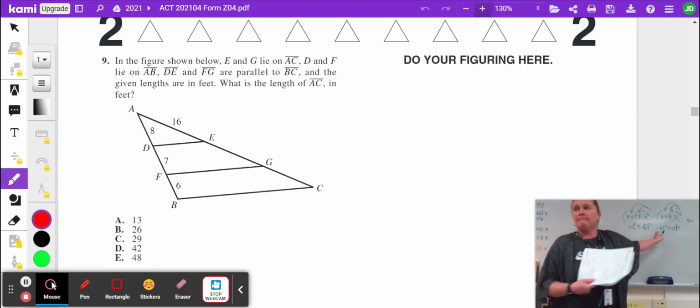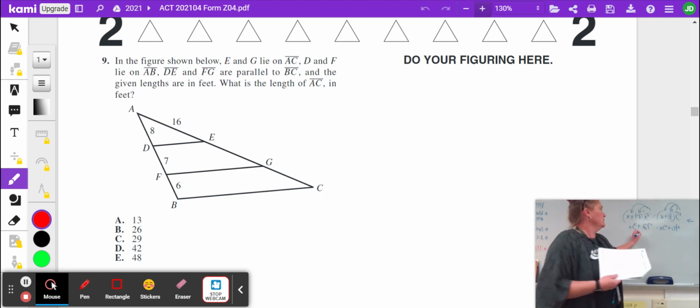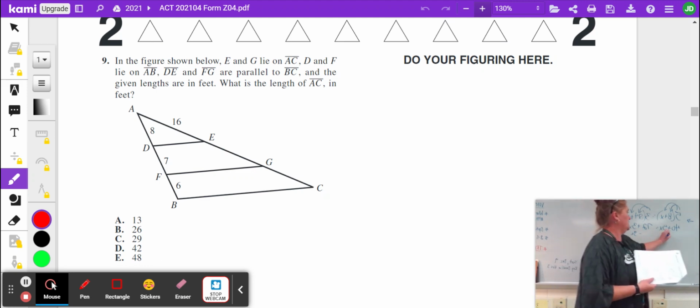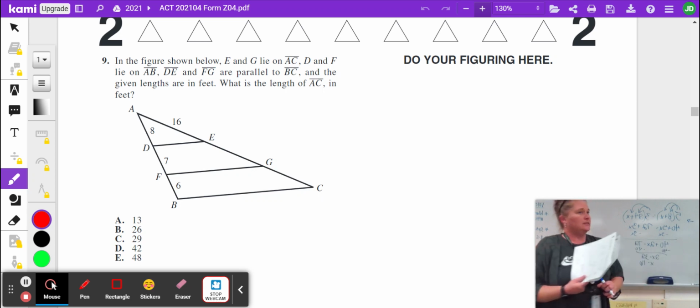Because I have an equal sign here. Pull the algebra back out. So that leaves me with 40 plus 2X equals 72. Then you subtract your 40. So X is 16.